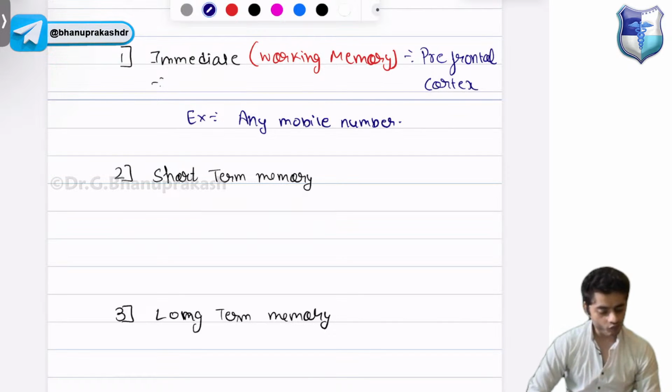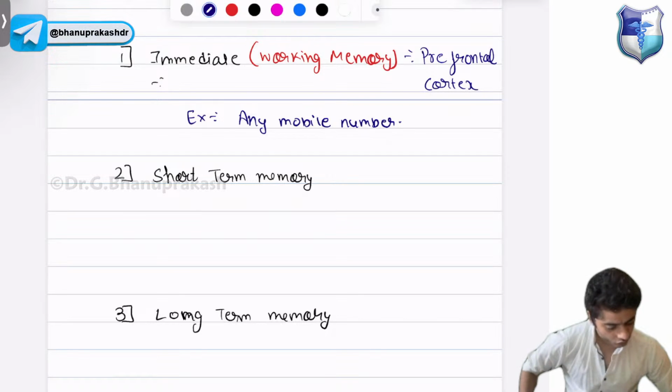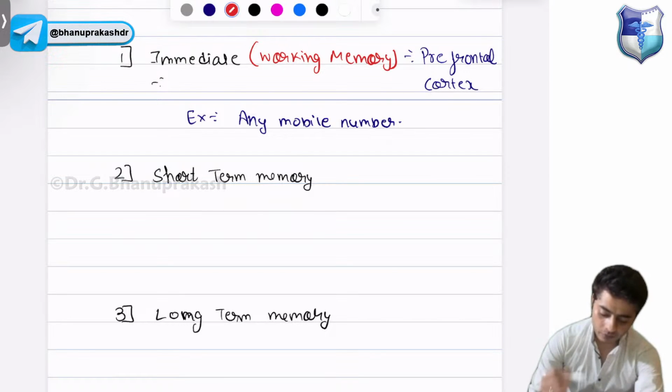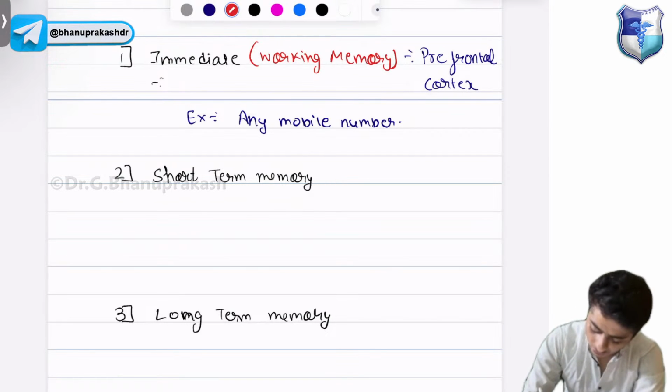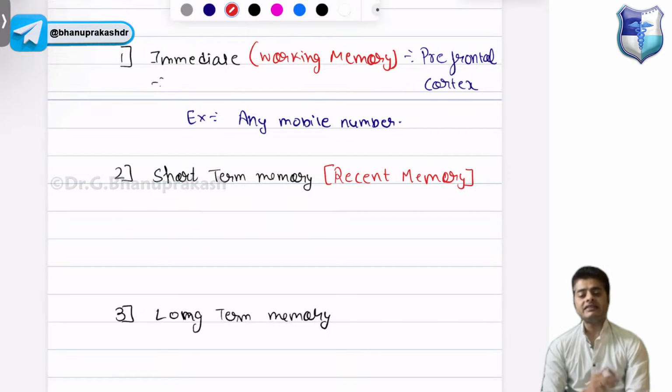Anyone? Harris is saying around till 30 seconds. No, no. When we say short-term memory, we also call it a recent memory.